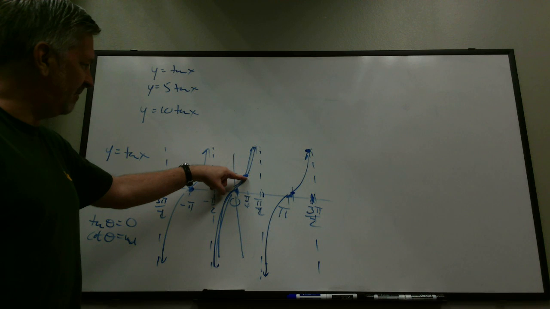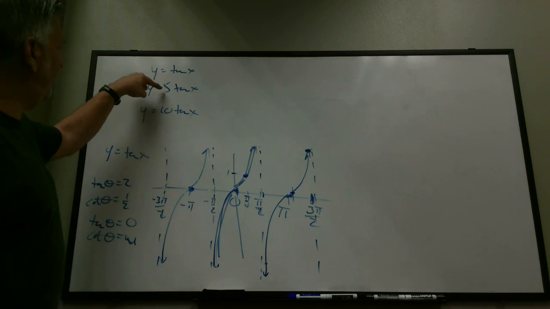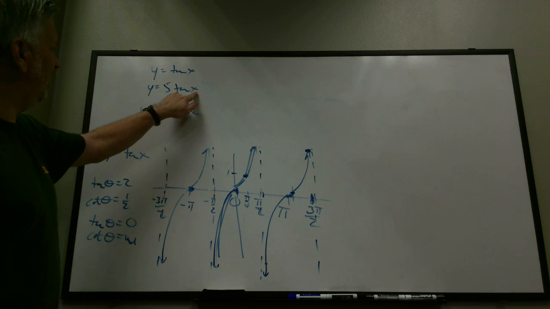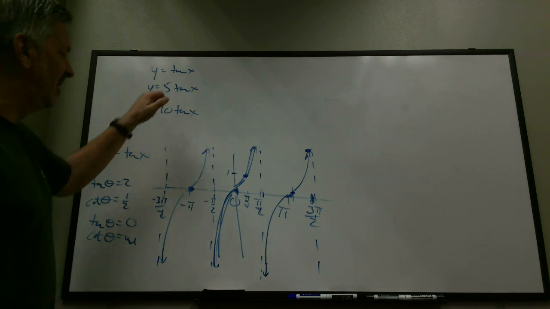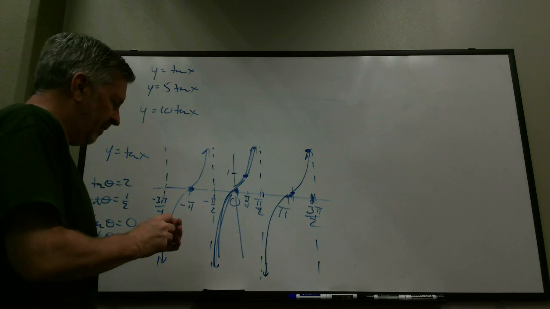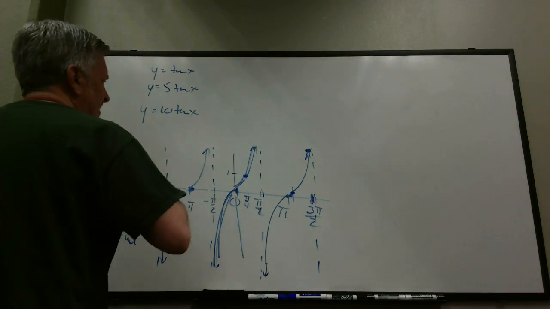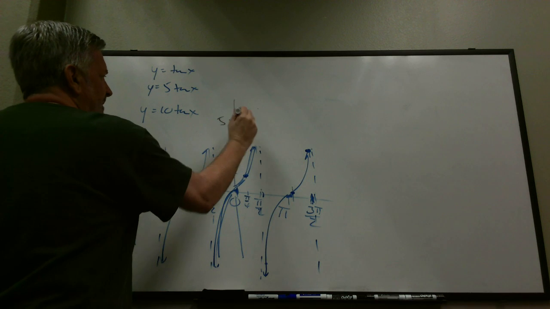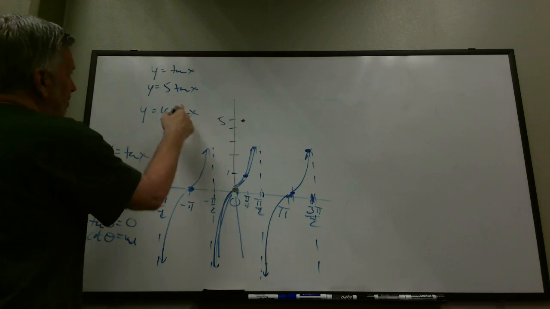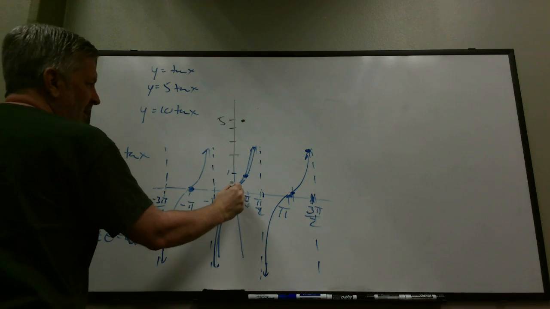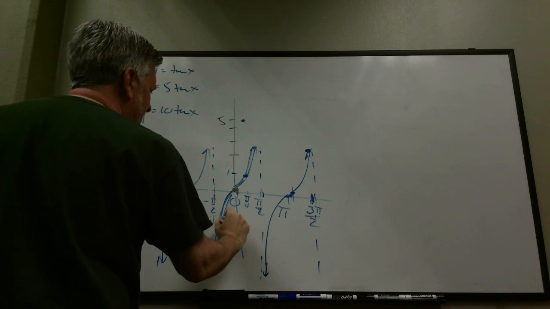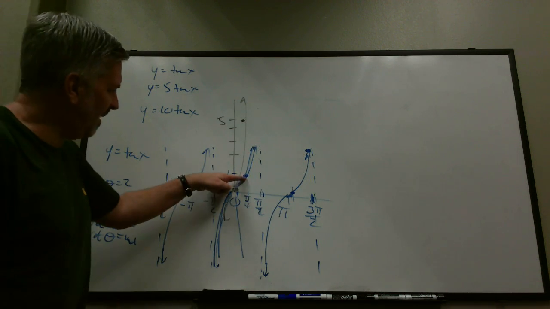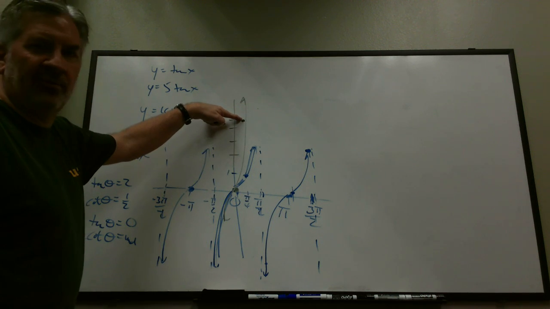Tan of pi over 4 is 1. Now, what if I did 5 tan of x? Well, if I plug pi over 4 into here, you're going to get 5 times 1, which is 5. So at pi over 4, the graph of 5 tangent x is going to be up here at 5. Tan of 0 is 0, 5 tan 0 is still 0. So the graph of 5 tan x is going to be doing this. So this point at pi over 4, 1 gets stretched to pi over 4, 5.